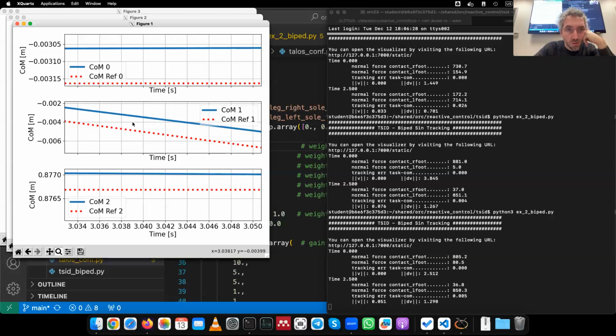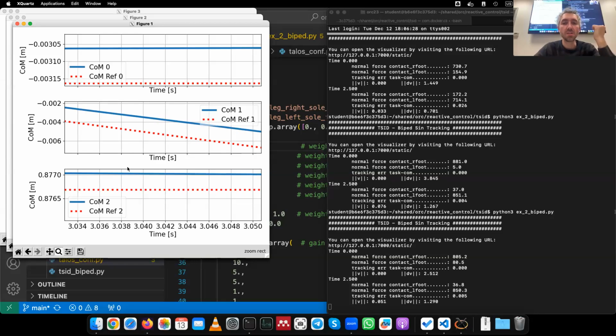This is 1, 2, 3, 4, 5 steps. Each step is 2 milliseconds. So we have 10 milliseconds compared to before, which was 40. So yeah, here's a delay.